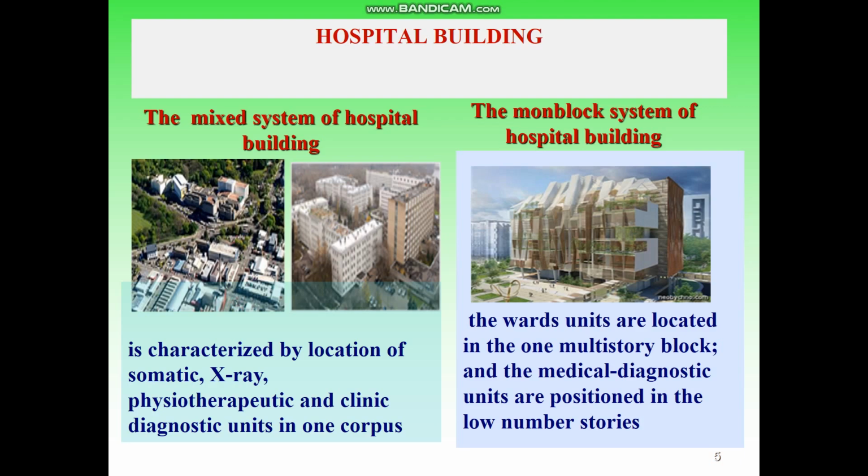In the monoblock system, the various units are located in one multi-story block, and the medical diagnostic units are positioned in the low-rise stories. In view of the appearance of new methods of diagnostics and treatment in the modern hospital, the biggest change has taken place in the medical diagnostic units of the hospital. Therefore, new hospital units are formed like reanimation, laser, rehabilitation, neurosurgery, burns, and transplantation.